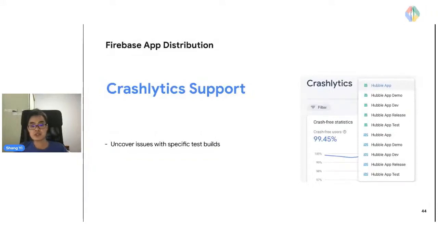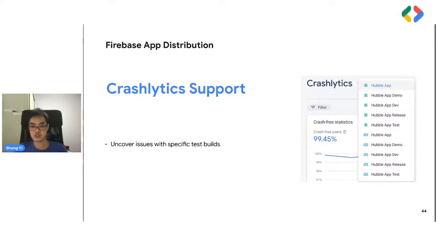Now, Firebase App Distribution also supports Crashlytics. So what this means is that, let's say you finish building a feature and then now you run the automation build, right? And now QA is running some sort of test and it fails. So those kind of crash failures can be immediately recorded on Crashlytics, and it will tell you which app failed, right?